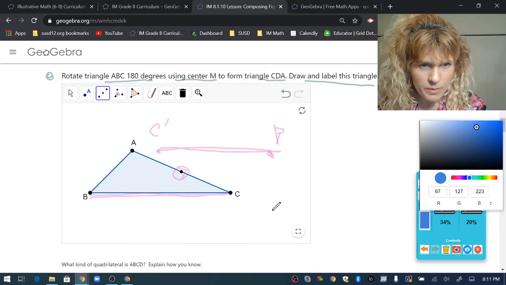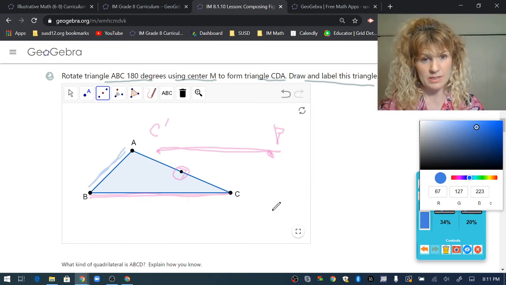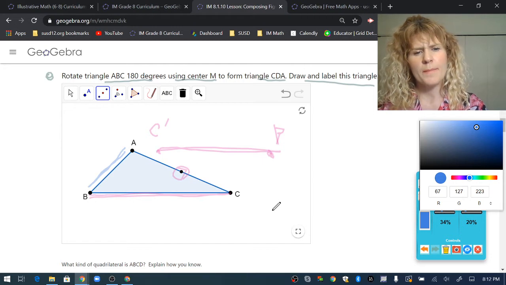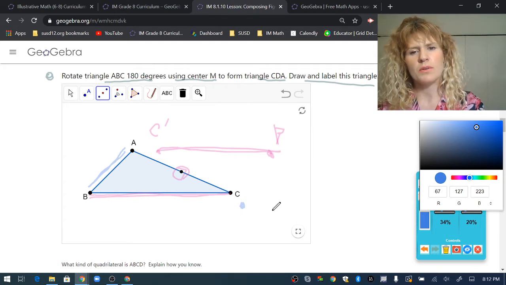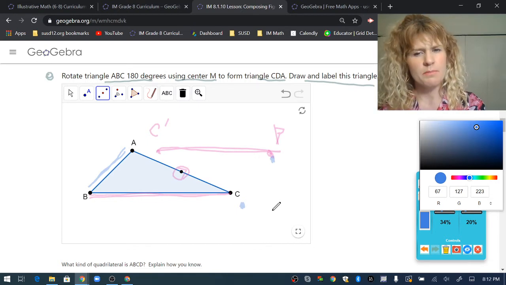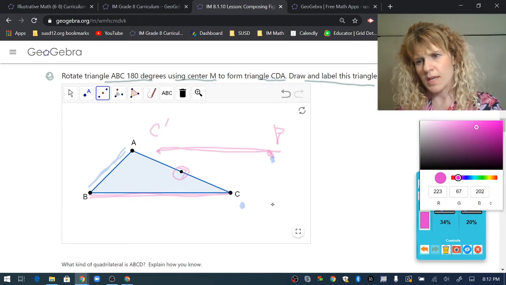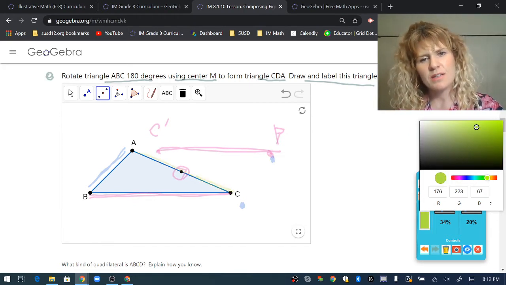Okay, what about when we rotate segment AB 180 degrees? Can you imagine? Well, I think A is going to go over here, and B is going to go over here, I think. Something like that. Okay, and then what about when we rotate segment AC?